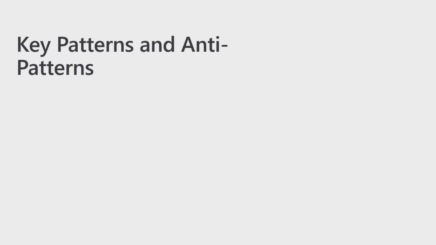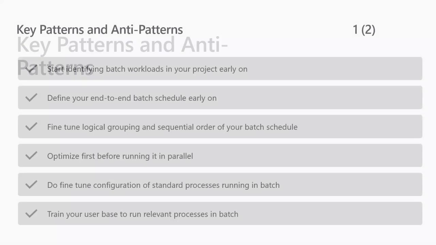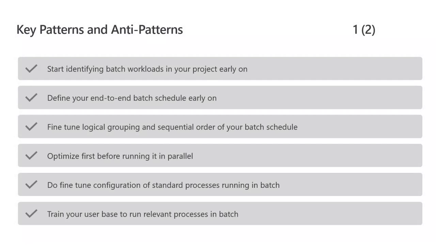In the next slides, I will walk you through some high-level key patterns and anti-patterns. So you want to start identifying batch workloads in your project early on. Even in early phases of your projects, you typically have a first idea about high volume processes of your to-be solution that can or should or must run asynchronously.